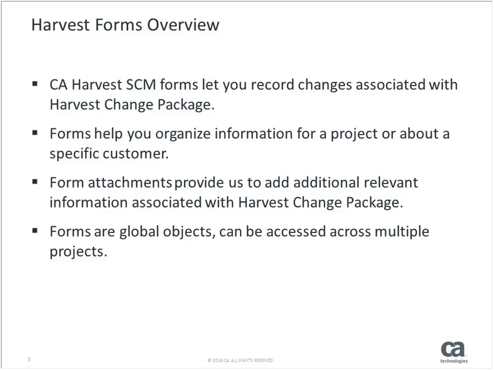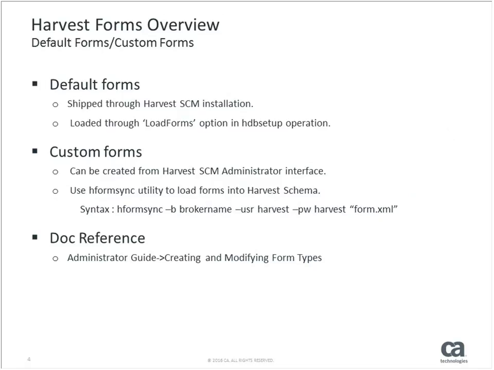So what are the different types of forms? We have default forms as well as custom forms. Default forms are the ones which are bundled with the Harvest installations itself. So by default, we have some form type templates which we bundle with the Harvest installations, and at the time of installation, they can be loaded into the Harvest schema through the load forms option.